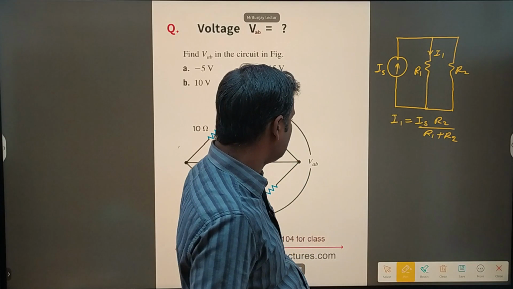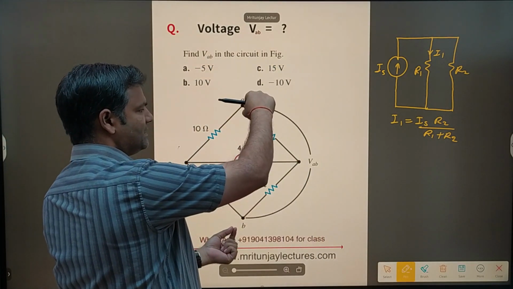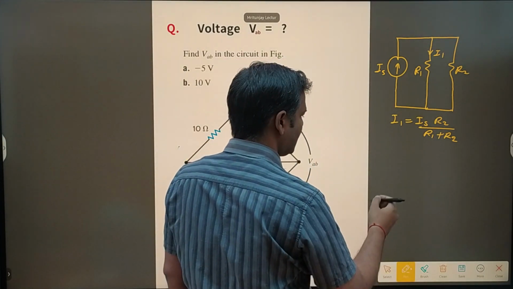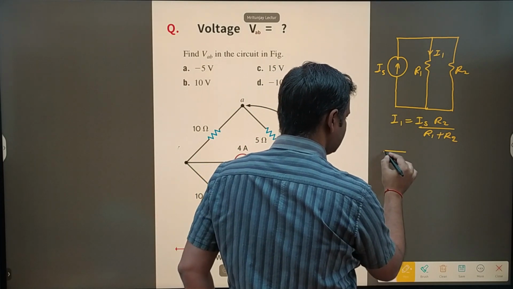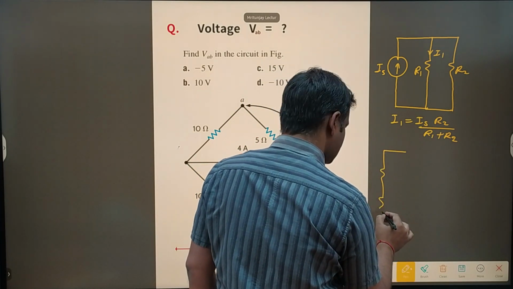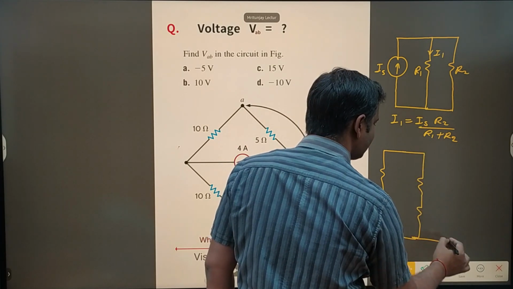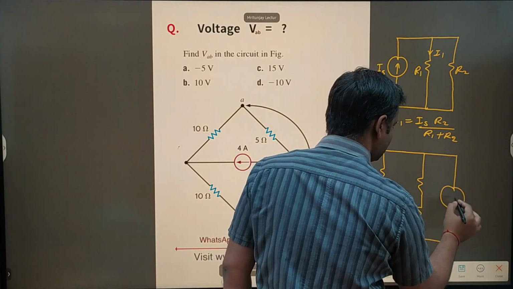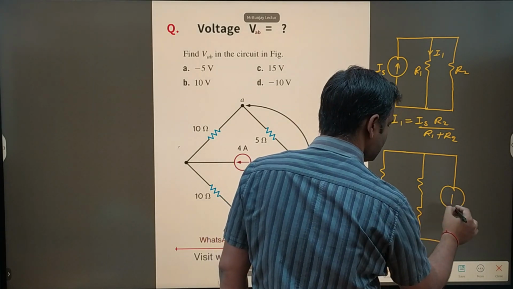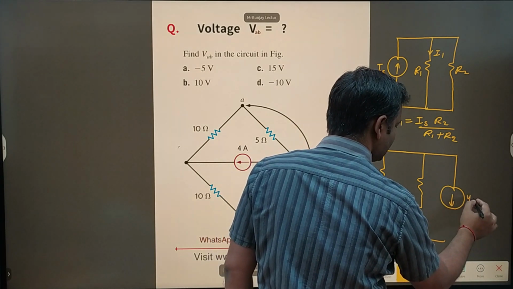two resistances. So if this circuit is converted like that, making it like that, the current direction is 4 ampere.